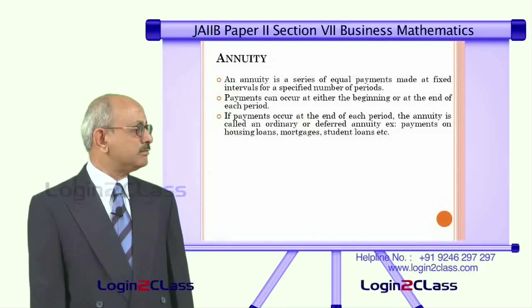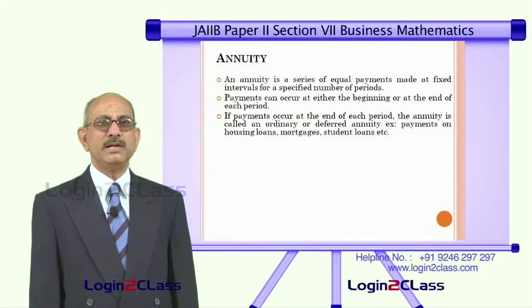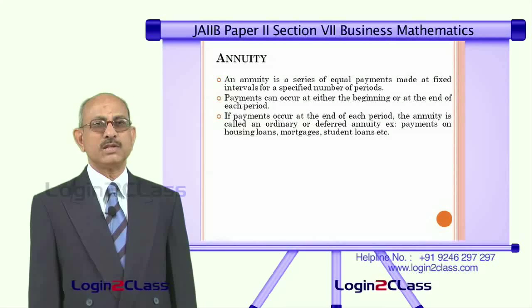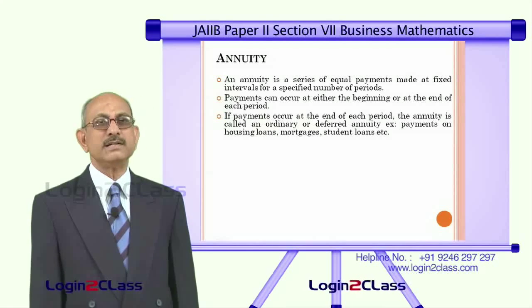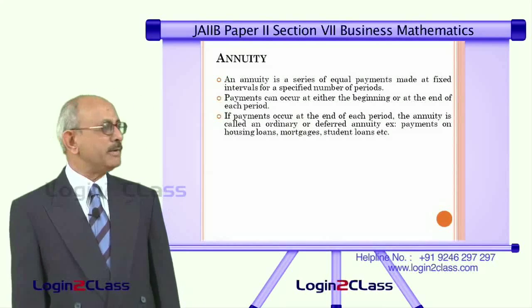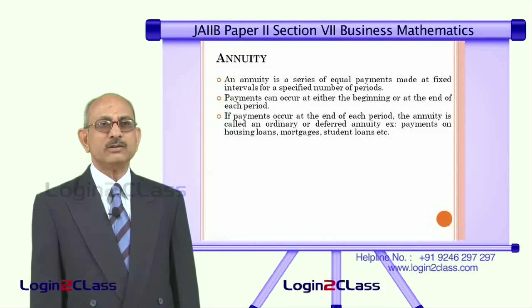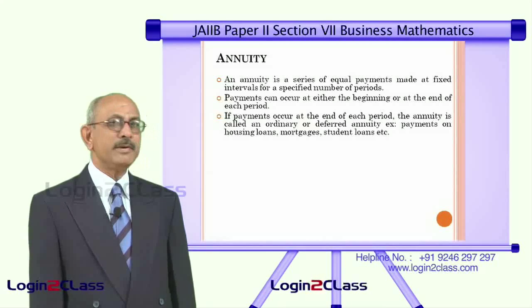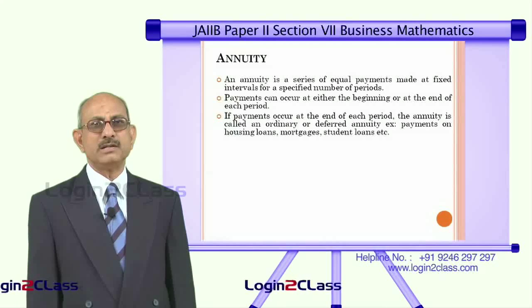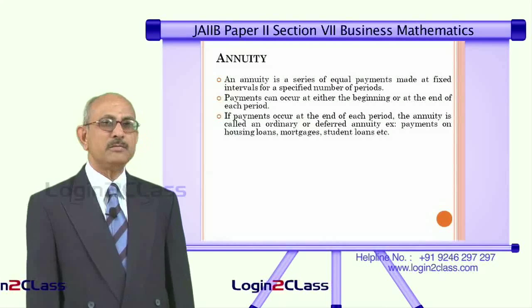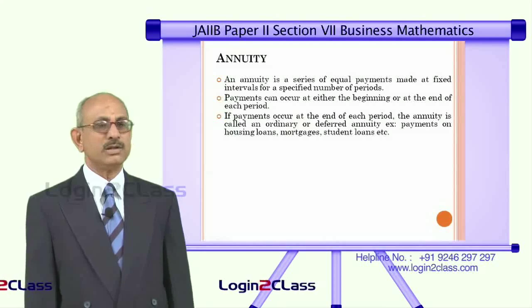It could be in terms of cash inflows, or it could be in terms of cash outflows. Cash outflows are money given out, money going out of the entity, whereas cash inflows are money coming into the entity. So, what are examples of money coming into the entity? For example, pension payments. Whenever you receive pension, you receive a certain amount every month for a number of years as long as you are alive.